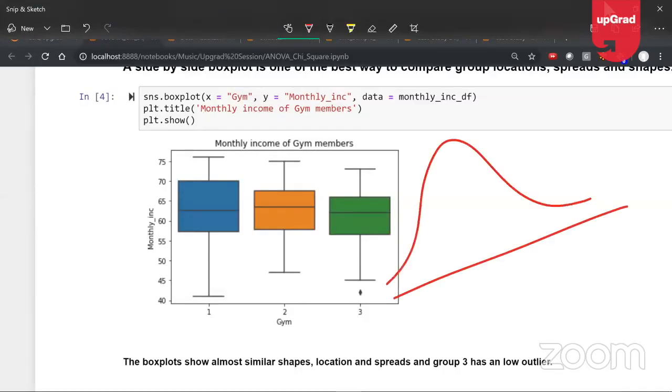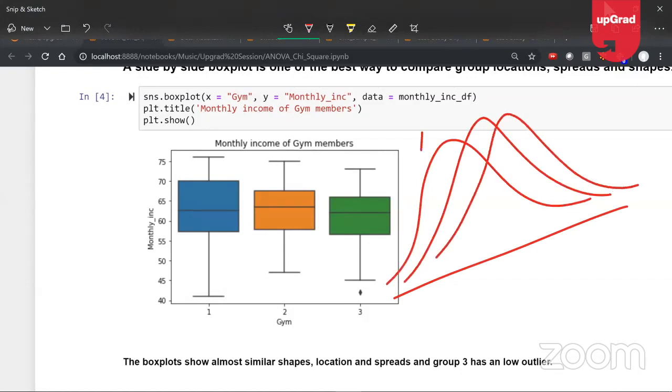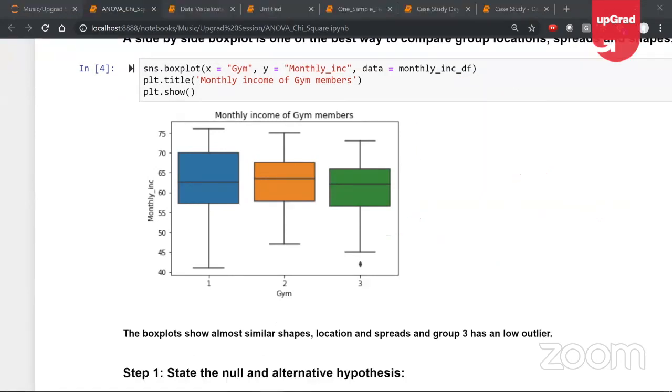There goes your gym A, gym B, and gym C respectively. These are overlapping plots. And why overlapping? Because naturally, I'm not seeing any difference in the incomes. All the gyms have the same distribution of incomes, right? So ANOVA is basically the same kind of thing, just that we are doing multiple t-tests. ANOVA is like multiple 2 sample t-tests.